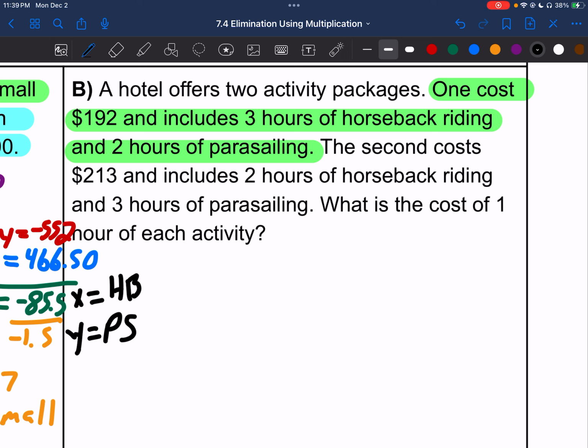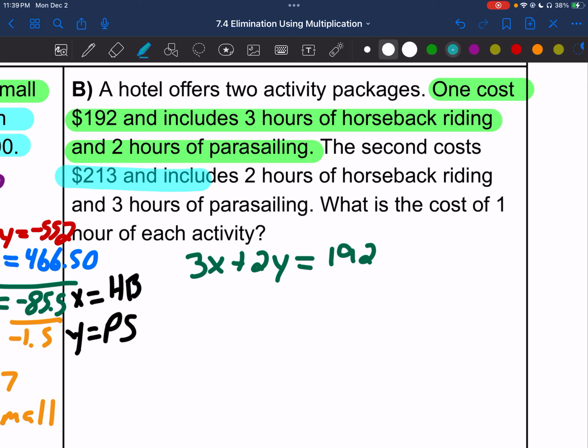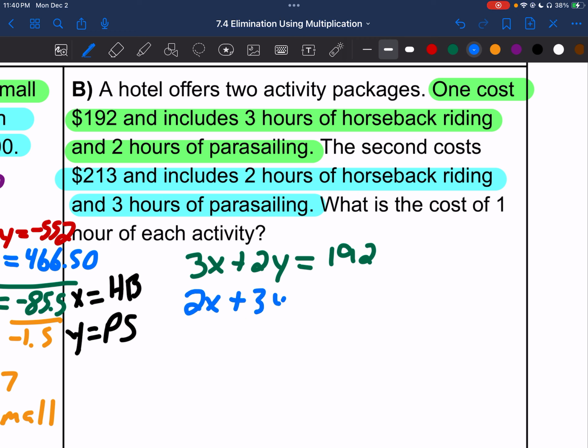So we don't know what the cost is, but we can set this up. We know 3x plus 2 hours parasailing, 2y, is going to be equal to 192. I know my second equation is 213, and you've got 2 hours on horseback and 3 hours parasailing. So we have 2x plus 3y equals 213.